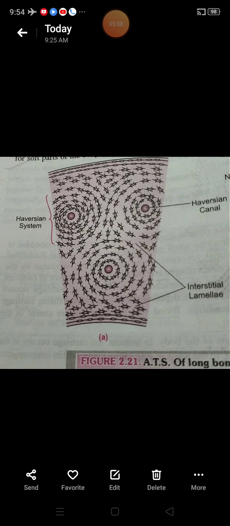Here a number of cells are compactly arranged on this ring, and the space where concentric rings are not present is called the Haversian canal, which is identified with a number of nerve fibers and blood vessels.